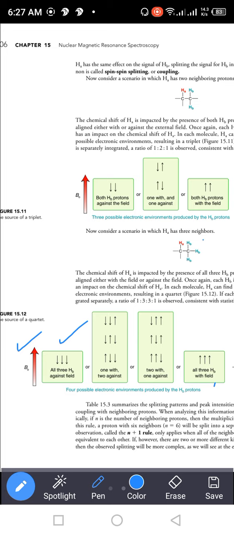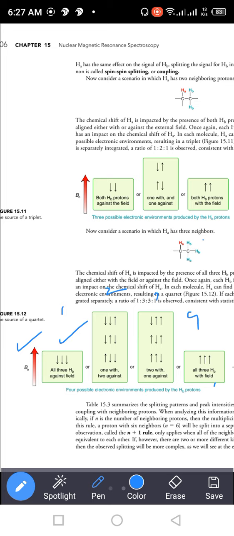This is the first possibility, this is the second, this is the third, and this is the fourth. So we will interpret the 4 possibilities here. The first possibility is very easy: all 3 protons have the opposite direction to the magnetic field. In the second possibility there are 3 patterns for the 3 protons with respect to the external magnetic field.